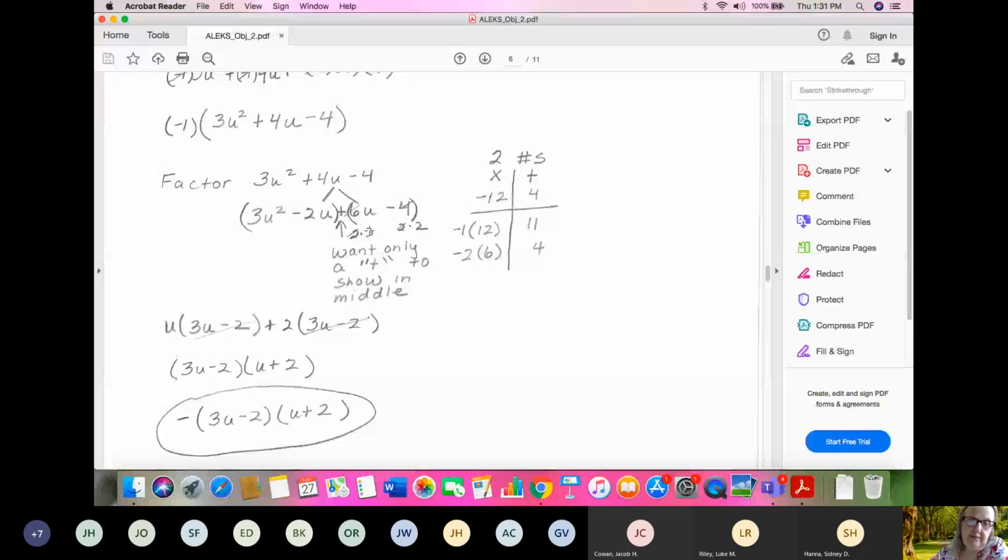I can now see that this term with the u here and this term with the u here both have a 2 in them. So I'm going to cross out the 2 here and here. And what am I left with? After the 6 has been crossed out because it was replaced by something else, and the 2 has been crossed out, we're left with a 3u. That goes right here.